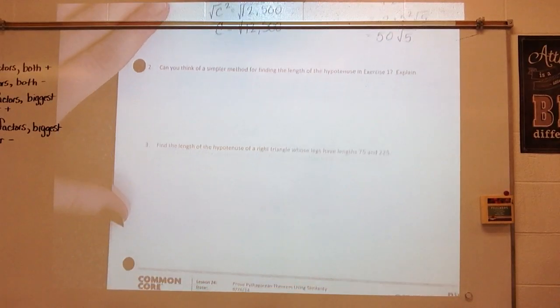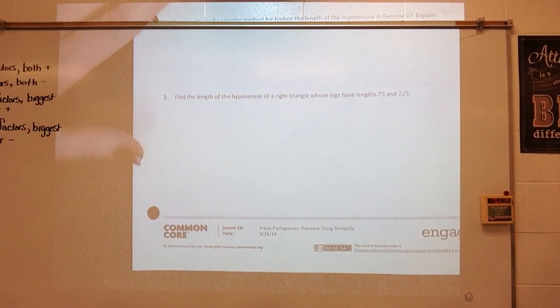Find the length of the hypotenuse of a right triangle whose legs have the length of 75 and 225. Okay. So you can think about similar triangles. Alright?